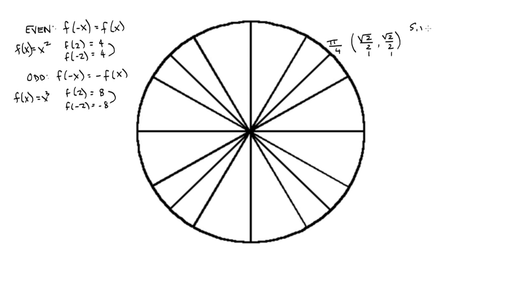Let's write these down. Sine, I'll just call it theta, is radical 2 over 2. My cosine is also radical 2 over 2. My tan is 1. The reciprocal of my tan should also be 1, shouldn't it? My secant, which is going to be the reciprocal of cosine, 2 over radical 2.